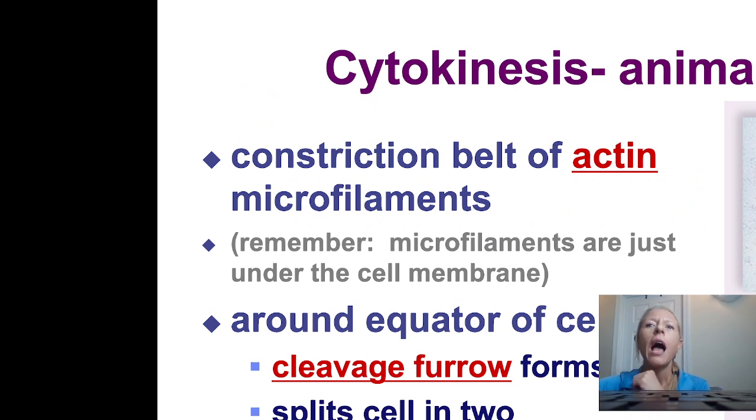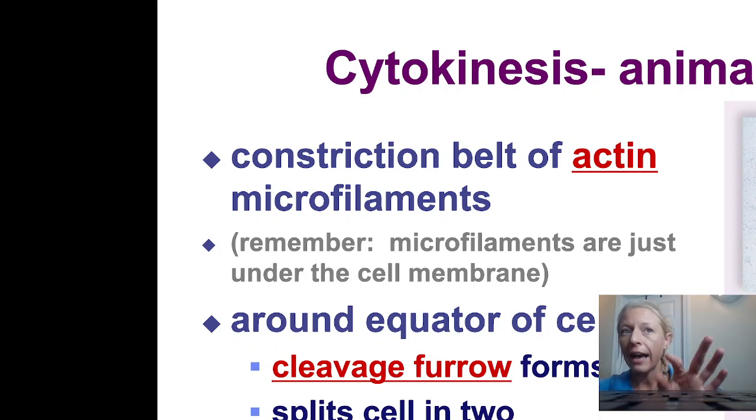How this happens is through this little muscle ring belt called a cleavage furrow that forms between the 2 cells, and it tightens up like a drawstring and then splits the 2 cells. This is where animals and plants differ.